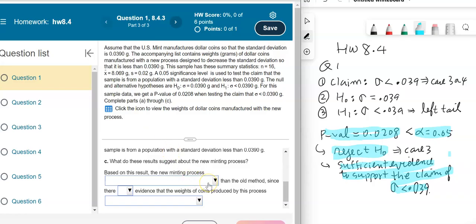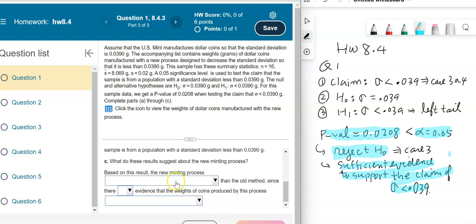Now, this is a new mint process. So the new process is better than the old process, okay? What do these results suggest about the new minting process?